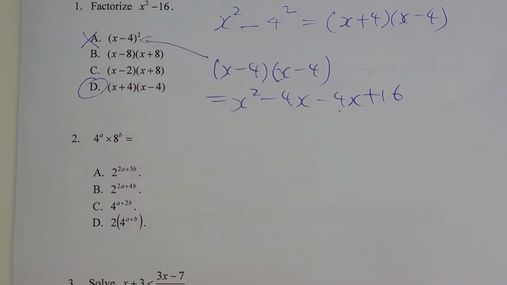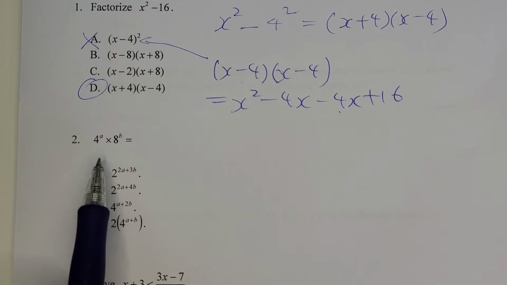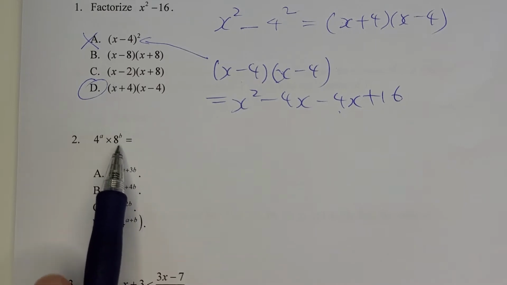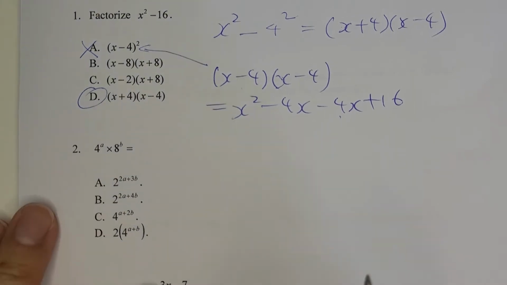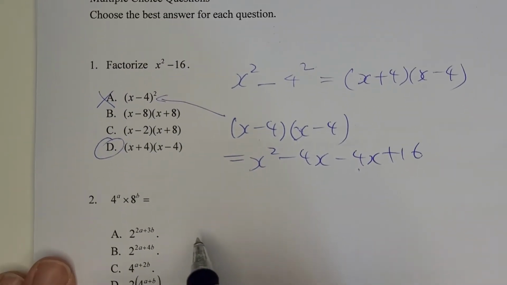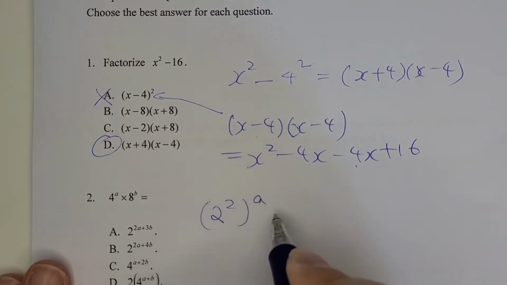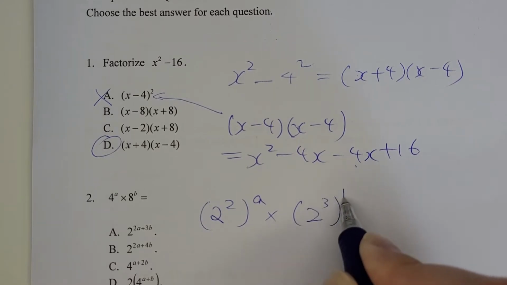For question number 2, 4 to the power a times 8 to the power b. Some of you may think, okay, is it 32 when you multiply them together? No. If you want to perform the multiplication involving indices, you need to change them to the same base. So 4 can be written as 2 squared, and 8 can be written as 2 to the power 3.